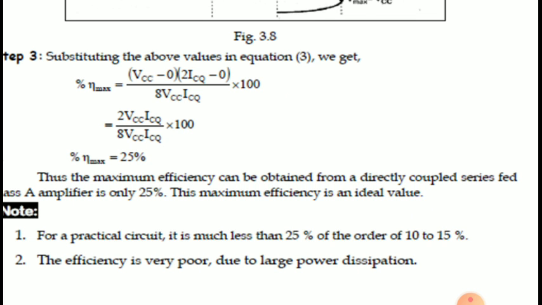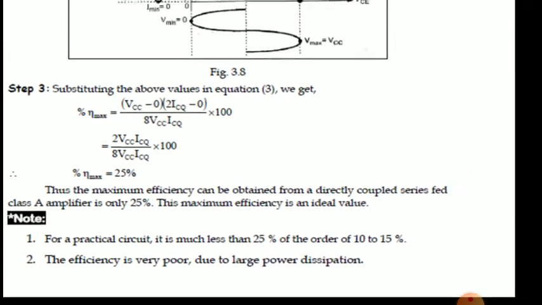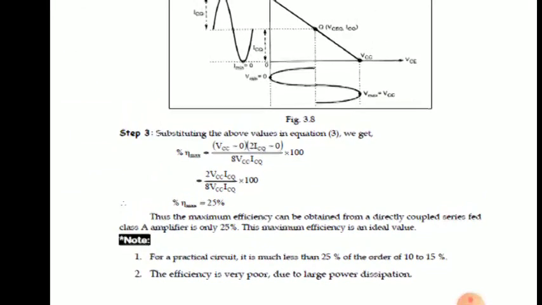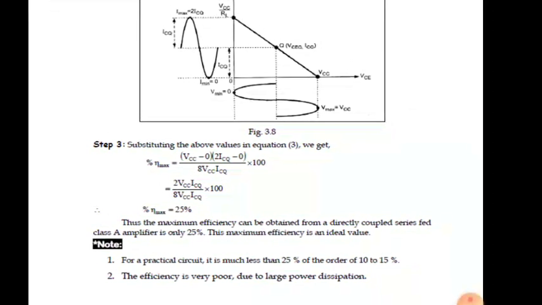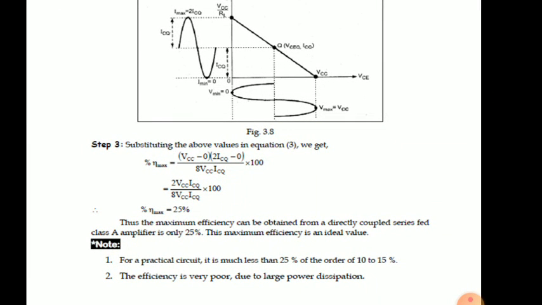Cancel VCC ICQ and we are left with 2 by 8, that is 1 by 4, which is 0.25 into 100, that means 25%. Thus the maximum efficiency that can be obtained from a directly coupled series fed class A amplifier is only 25%.